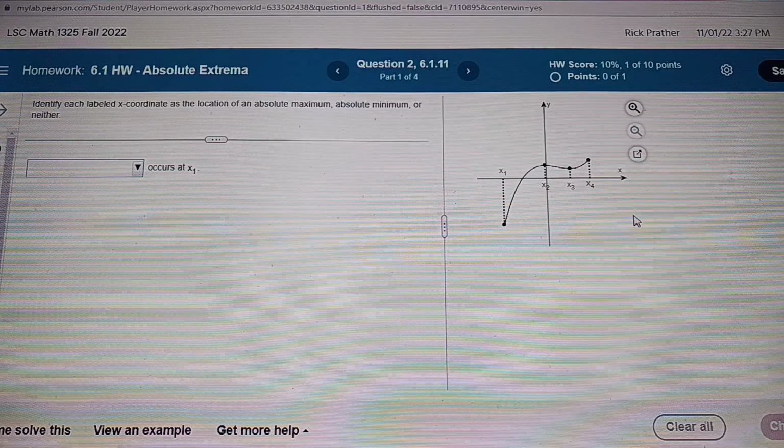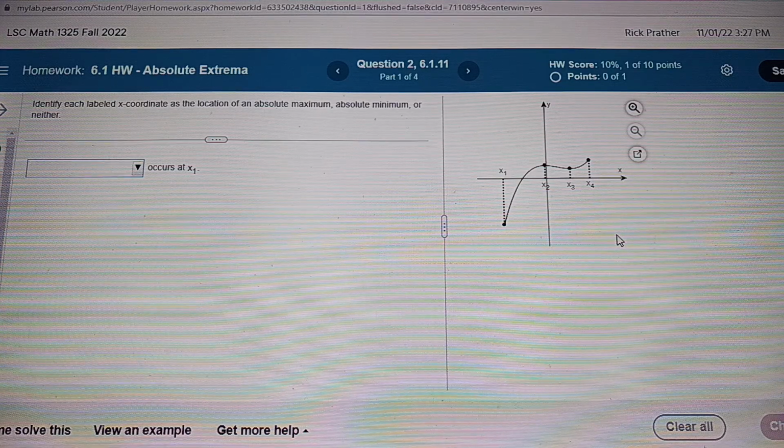And then another key feature is it's not a long search to find them in this case, because they can only occur at endpoints of the closed interval or at critical numbers, which possibly could be local maxes or mins.